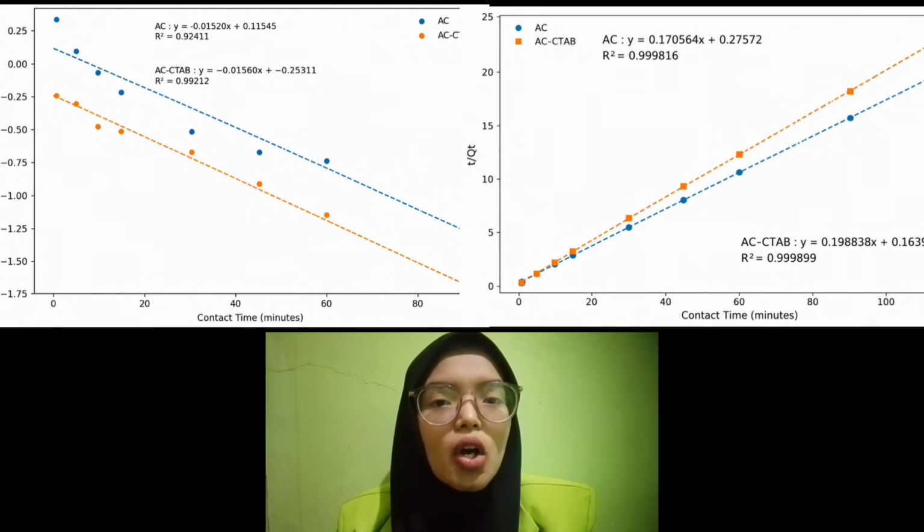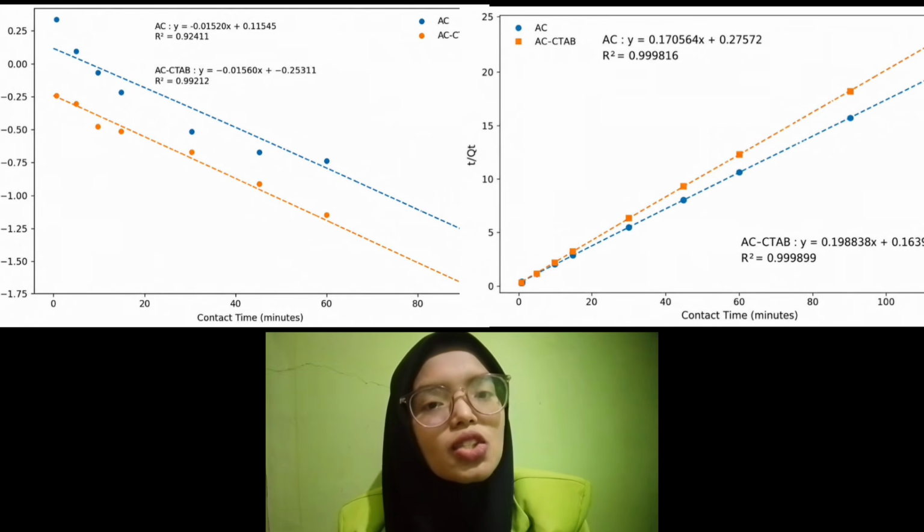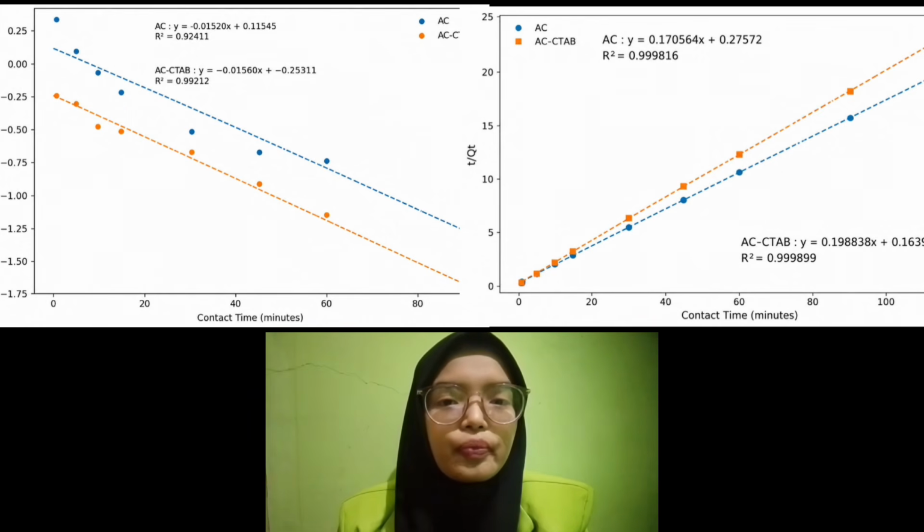These values were considerably higher than those obtained from the pseudo-first order model, indicating that the adsorption process is mainly governed by the interaction between the active sites on the adsorbent surface and the acid orange 7 molecules.